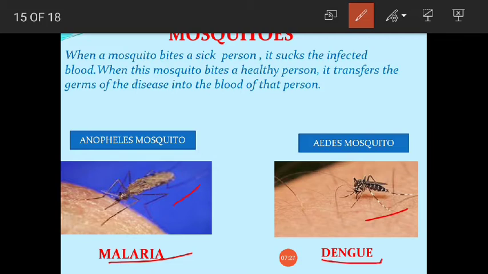And when they go and bite a healthy person, they transfer the germs of disease to the healthy person's body. As a result, a person may suffer from malaria or dengue. And the mosquito names are Anopheles mosquito, Aedes mosquito.